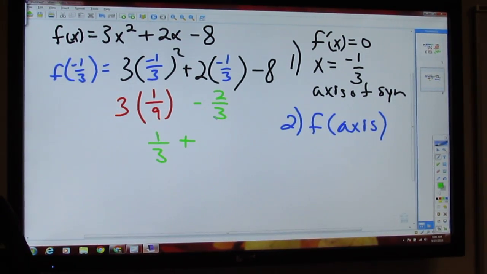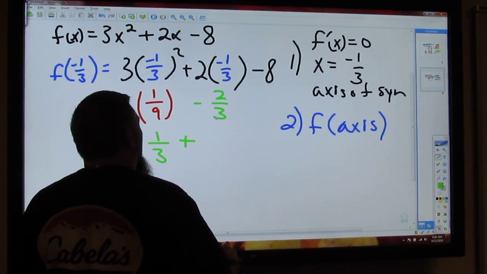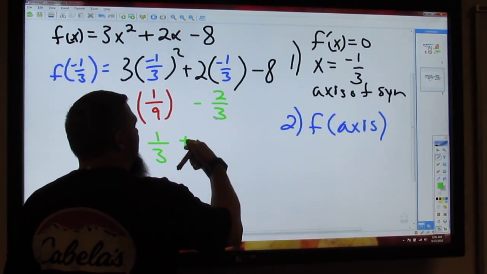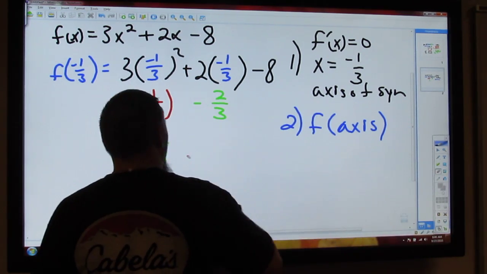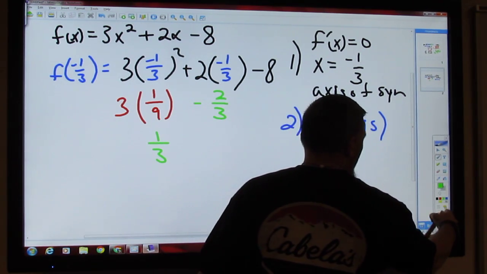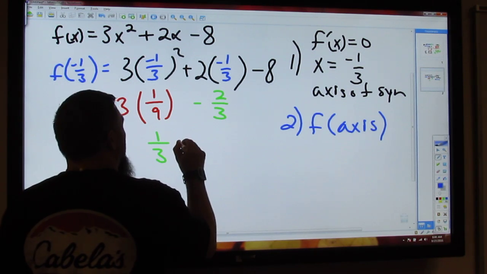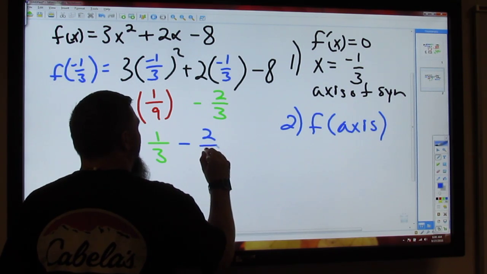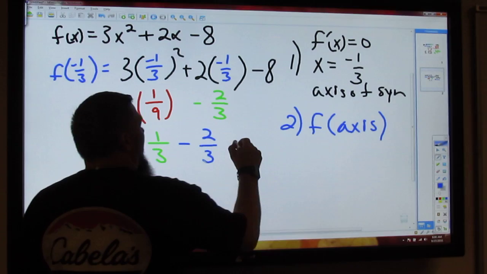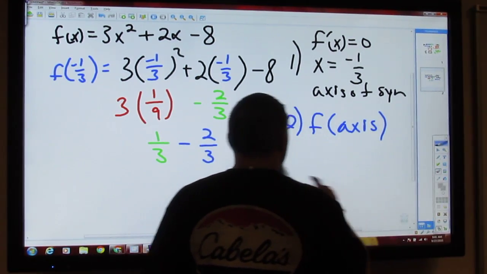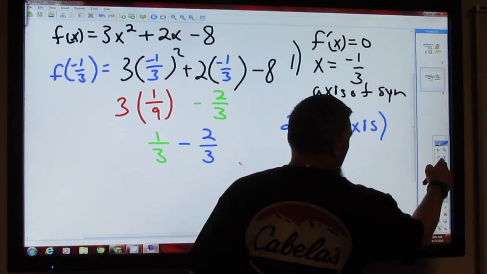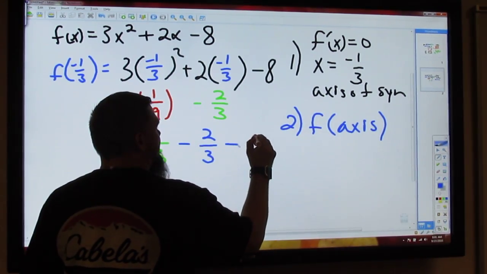So that changes this to minus 2/3, and then minus 8.